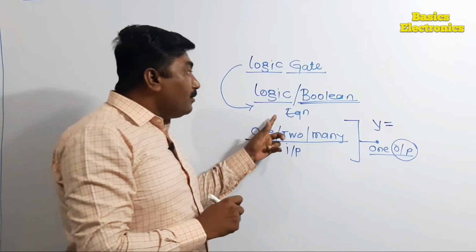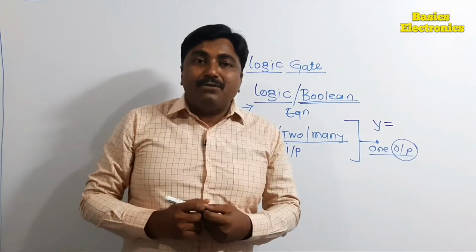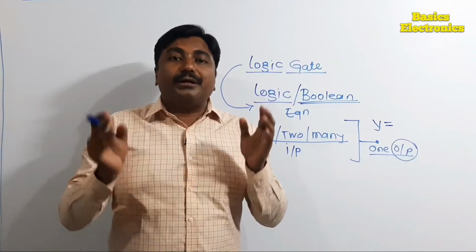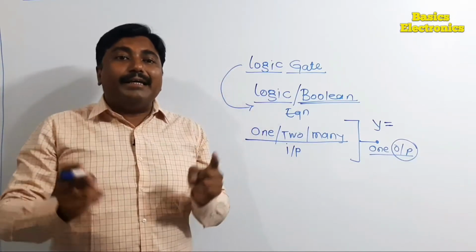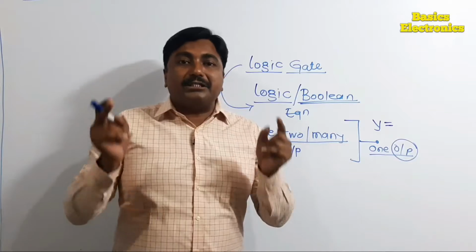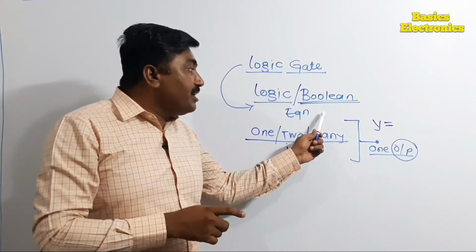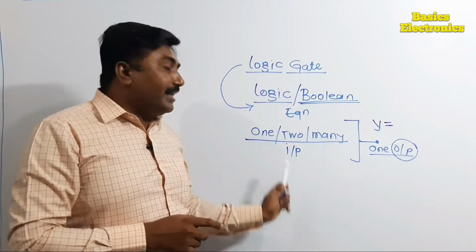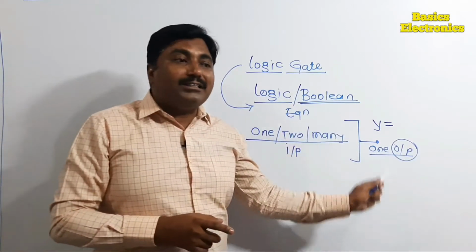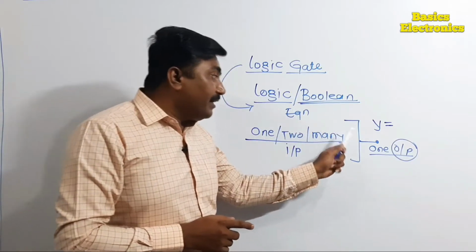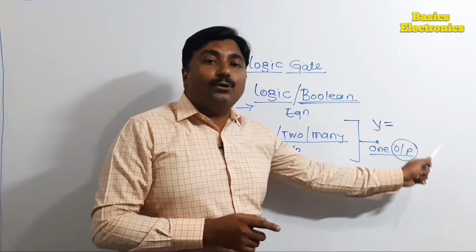So the logic gate is an electronic switching circuit which is used to implement any logical equation, any logical function, or the Boolean equation. It is an electronic circuit having one or two or many inputs but only one output.